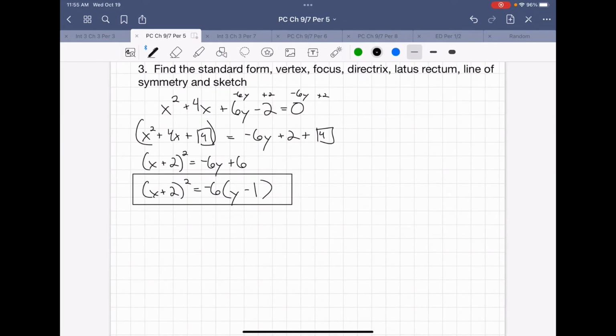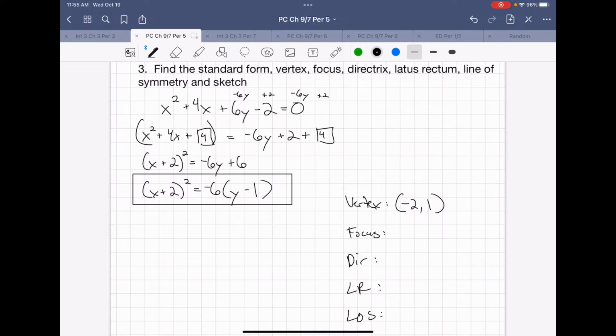Then it wants vertex, focus, directrix, LR, line of symmetry, and a sketch. Fill in the vertex now. They're both in parentheses again, just like the circle, so it's opposite of both.